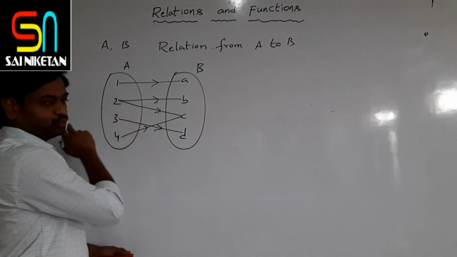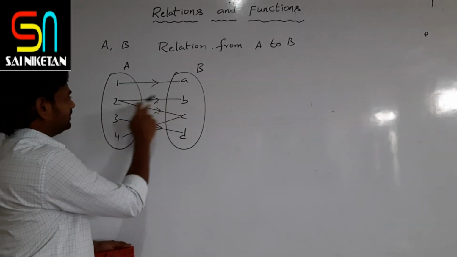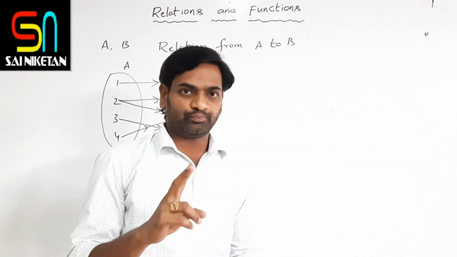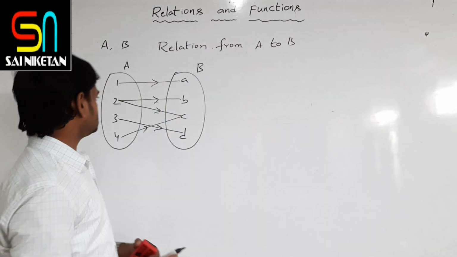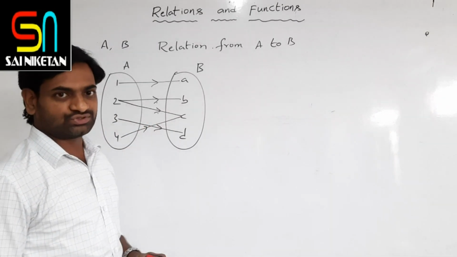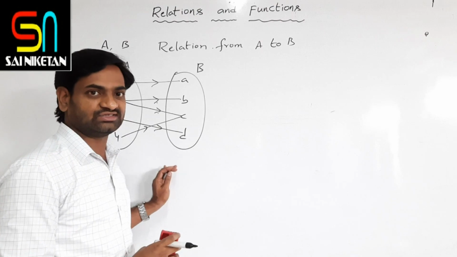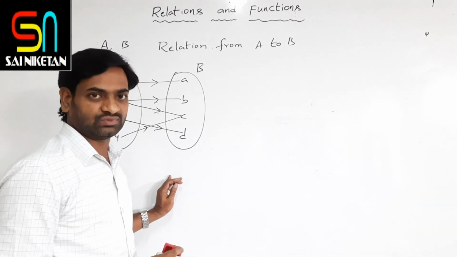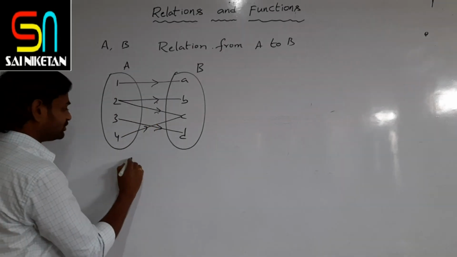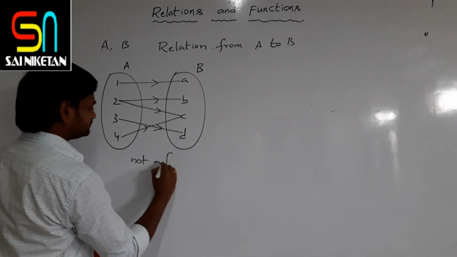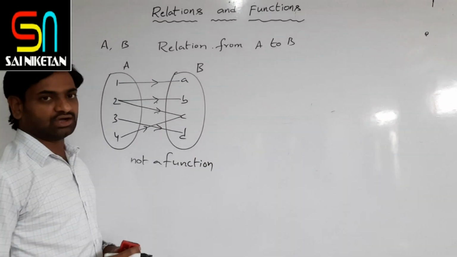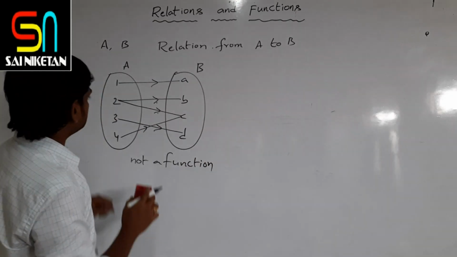For the 2, there are 2 mappings, 2 to B and 2 to C. So in this case we can't say this relation is a function. It is not a function.